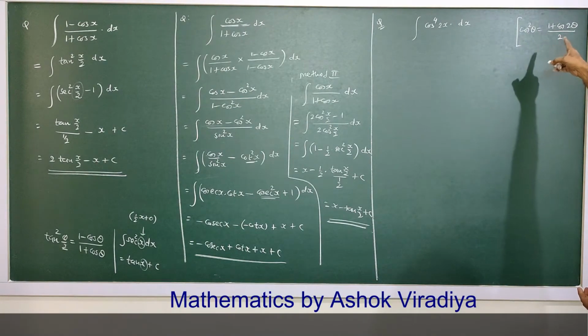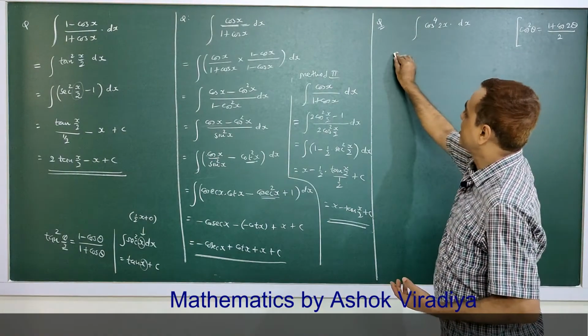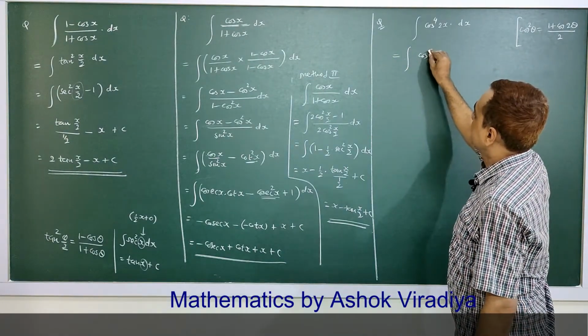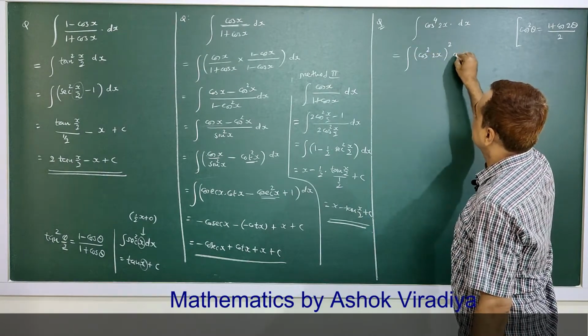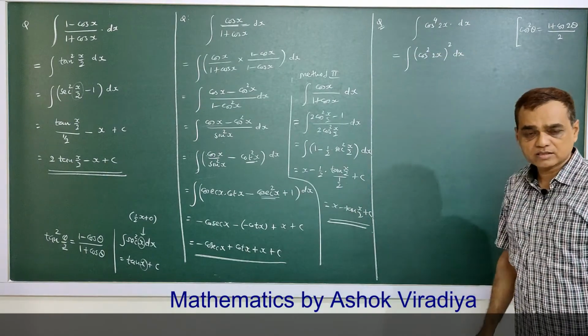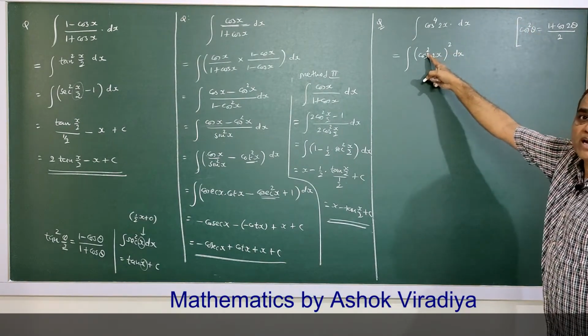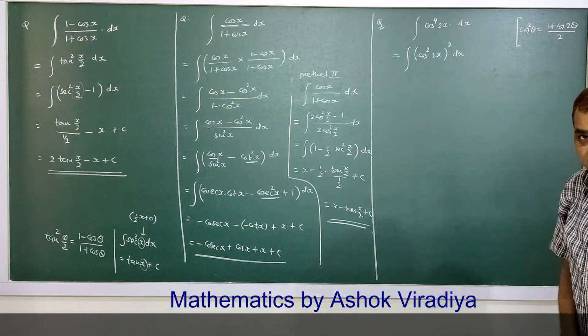To apply that formula here, this can be expressed as cos square 2x whole square. Make the square visible to apply this formula. So square of square, that is 4 power.